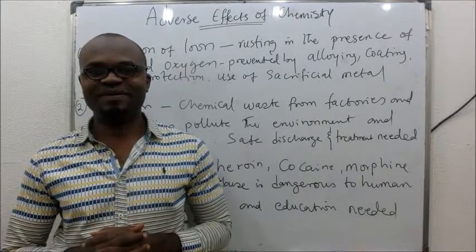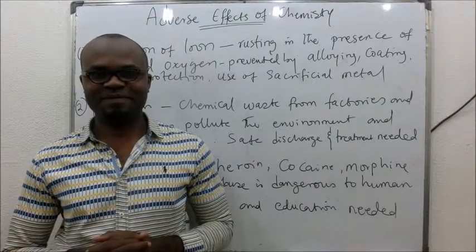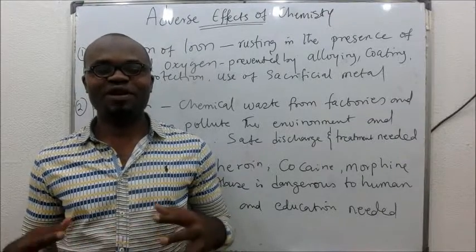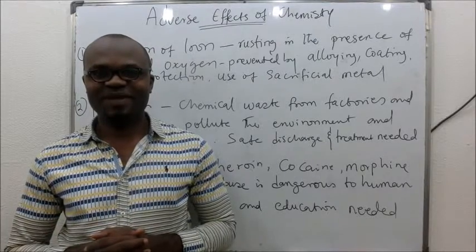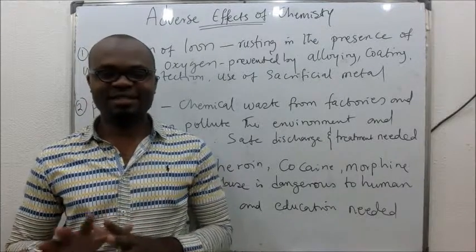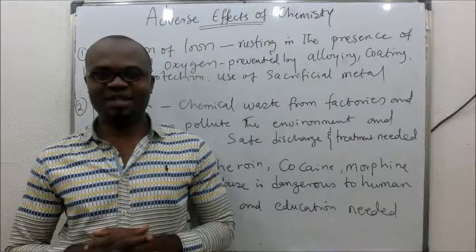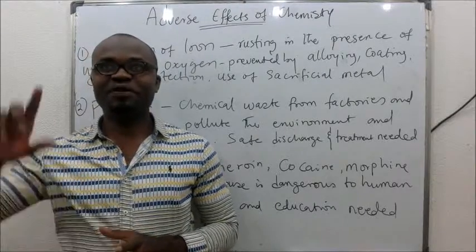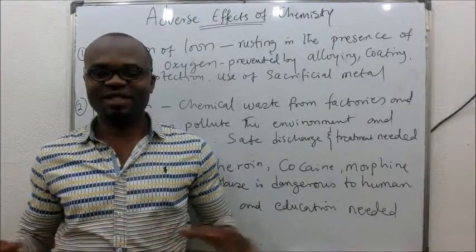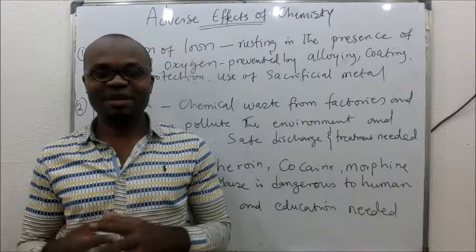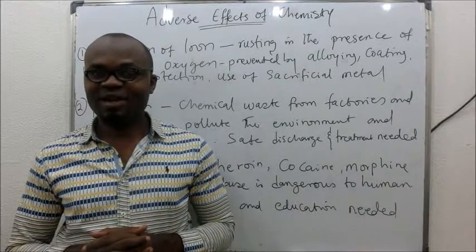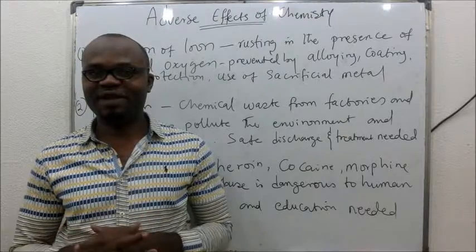Example, pollution. When chemical waste from oil industries, like we have in the Niger Delta, is discharged inappropriately, maybe through gas flaring or discharge due to a pipeline being damaged, this can cause very, very harmful effects to the environment.